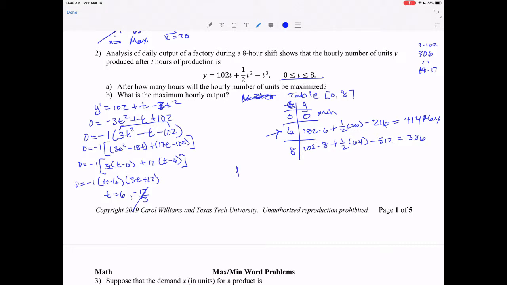So the maximum hourly output is 414 units per hour when 6 hourly units are worked.